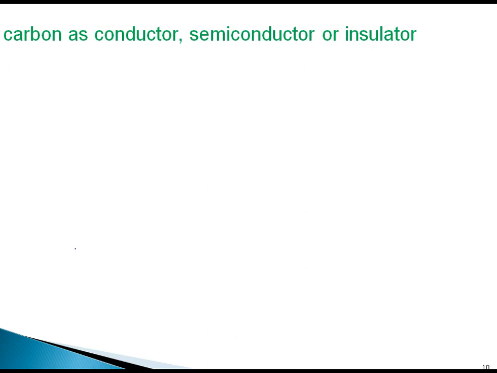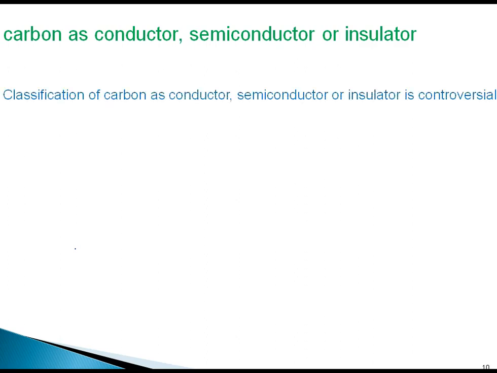Now tell me, is carbon a conductor, semiconductor or insulator? I will discuss this concept in the semiconductor chapter, but a brief introduction I am giving you here. Classification of carbon as a conductor, semiconductor or insulator is controversial.